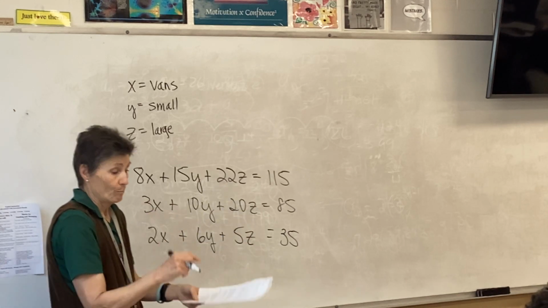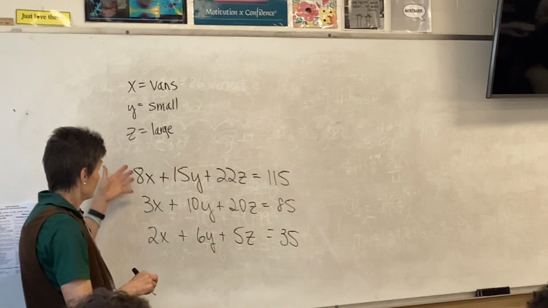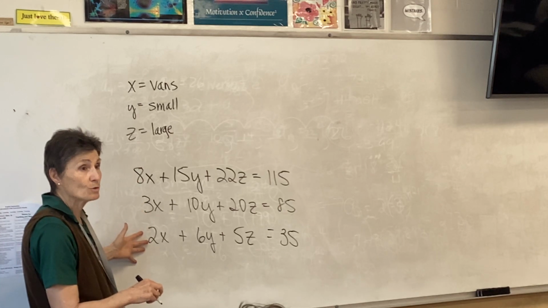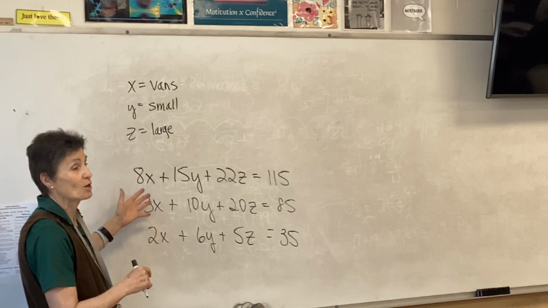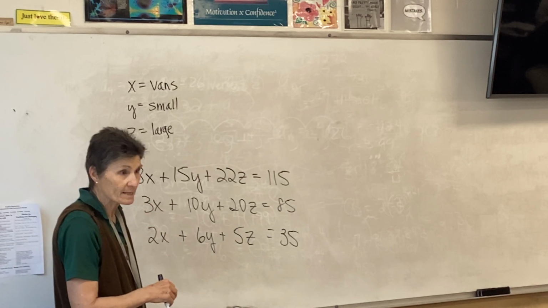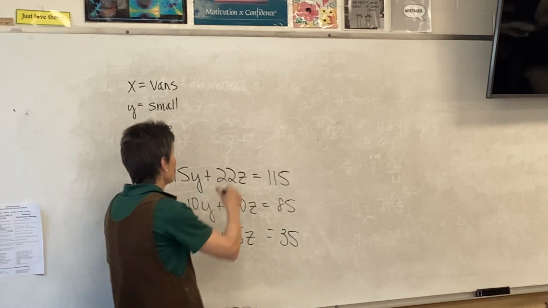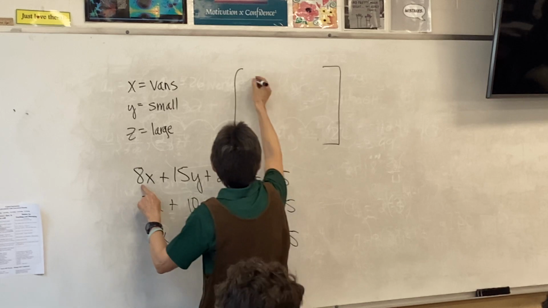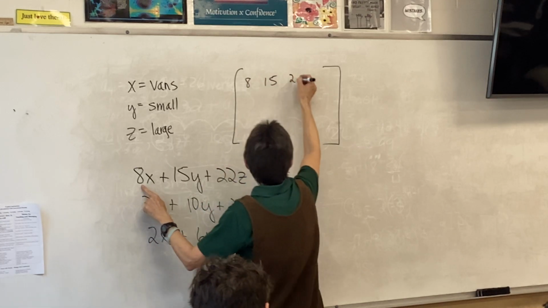Okay, now, how do you want to solve it? You have 3 equations, 3 unknowns, you have a lot of options. What do you think? I'd RREF it, right? I'd set up my augmented matrix. That's the one with all the numbers in it.